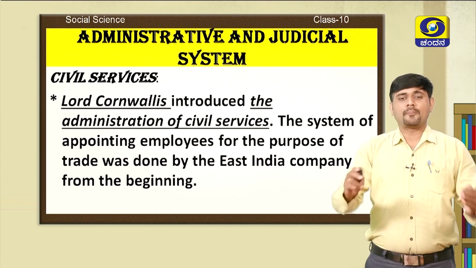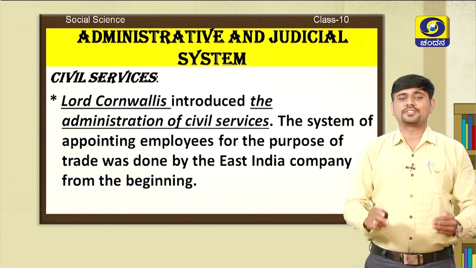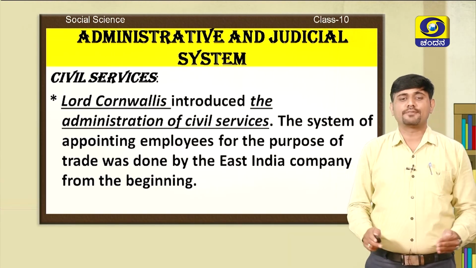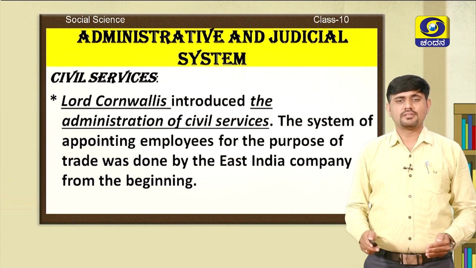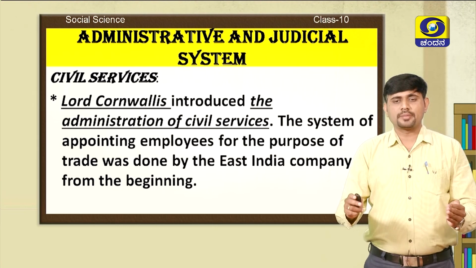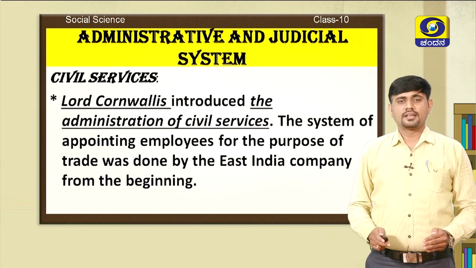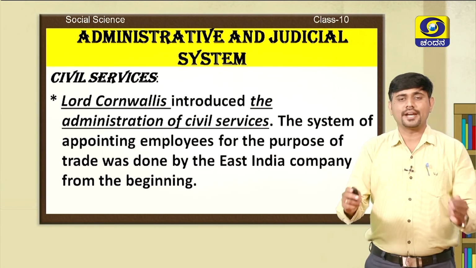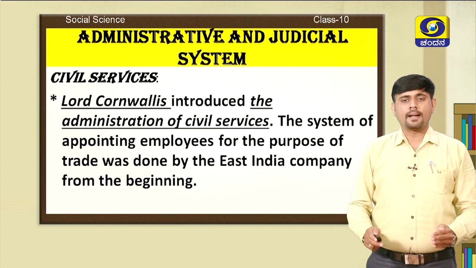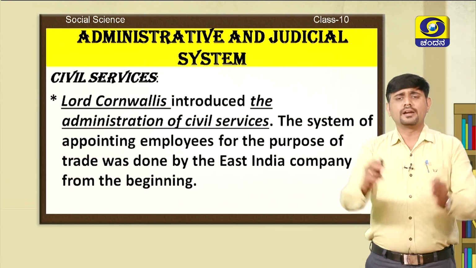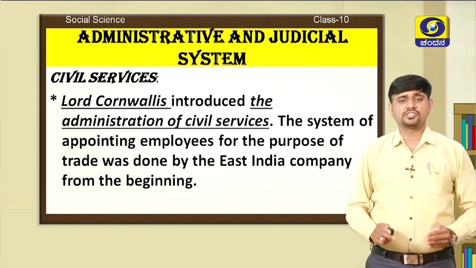The system of appointing employees for the purpose of trade was done by the East India Company from the beginning. Dear students, Lord Cornwallis, eminent Governor General of the British East India Company, was appointed in the year 1786 as the Governor General of India, came to India, and made several reforms in the Indian administration system.